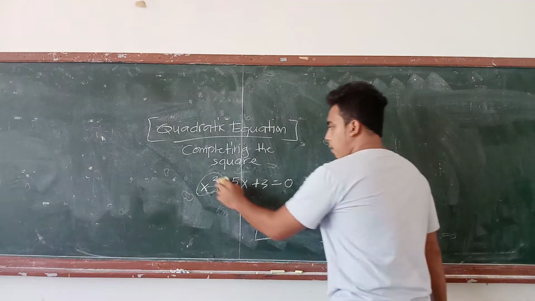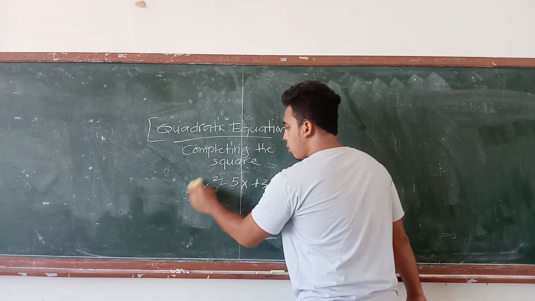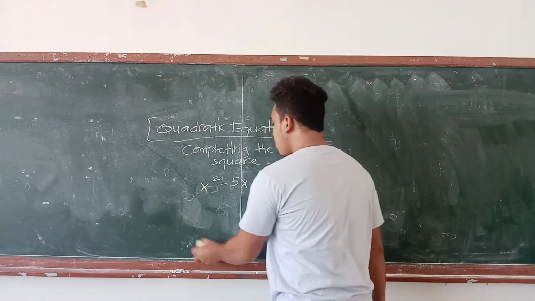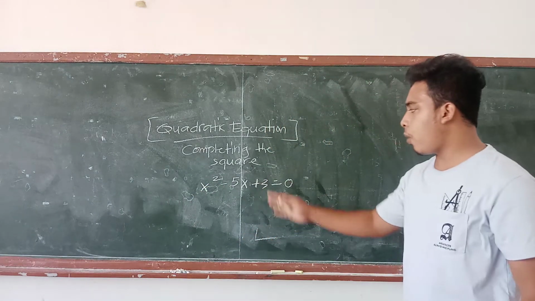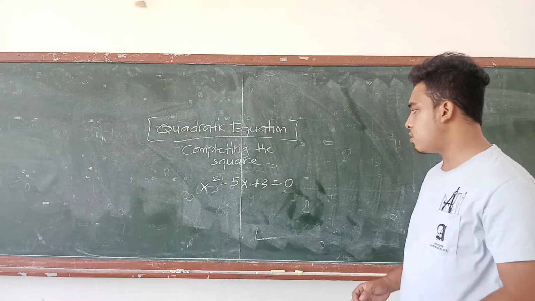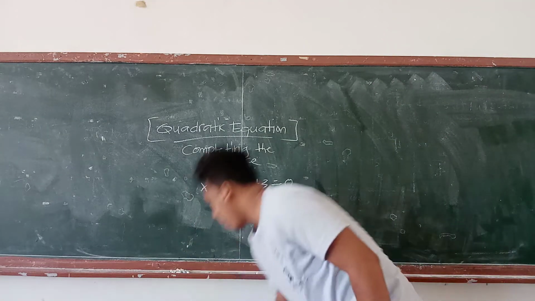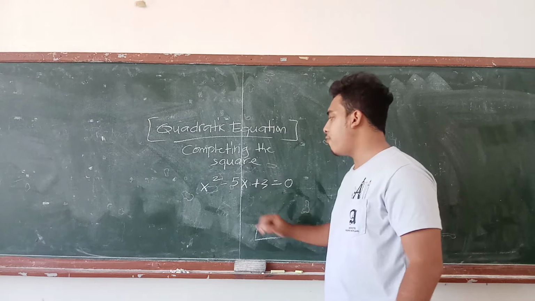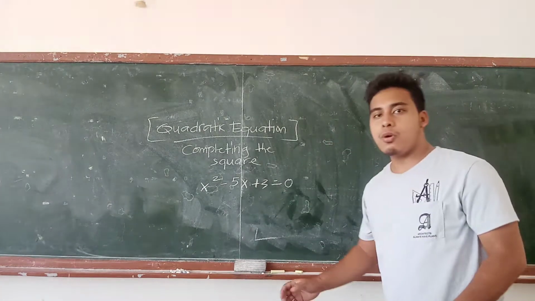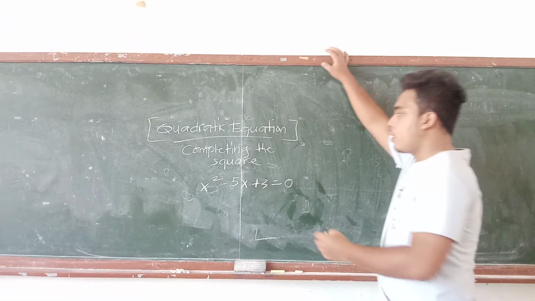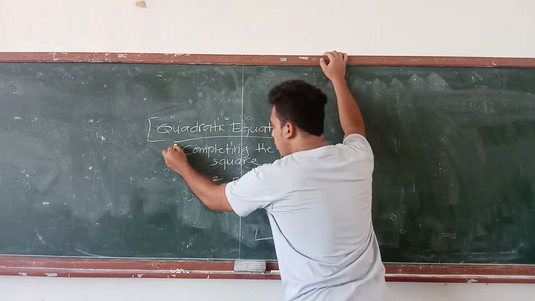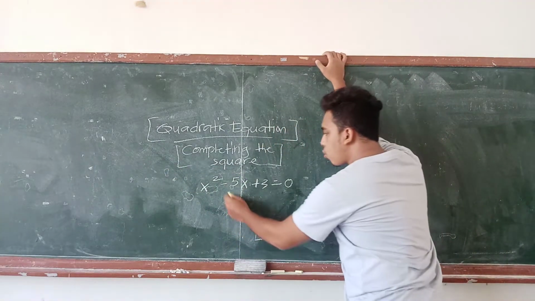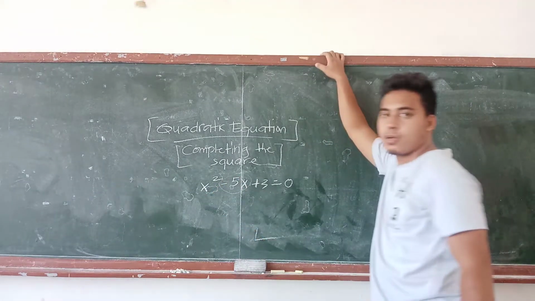Going back to factoring, here is the difference between factoring and completing the square. Based on this example, x squared minus 5x plus 3 equals 0, if we use factoring, we cannot find the solution for this equation. It's because we cannot get the middle term.